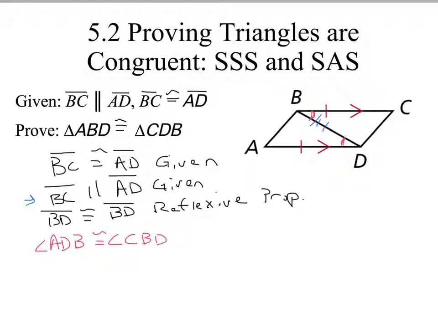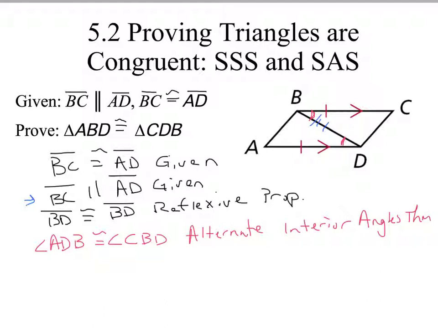Do you remember why that makes it congruent? Well, with those two parallel lines and BD being a transversal, that forms our alternate interior angles theorem. Remember the alternate interior angles theorem from chapter 2 again?